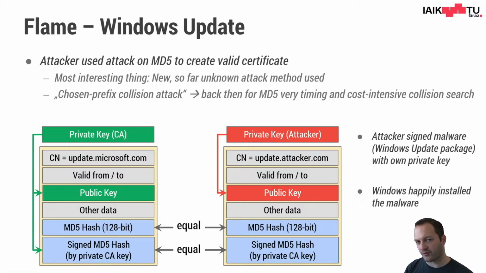So in other words, the attacker found a collision and tricked the host into accepting this. So not the key for signing was broken from Microsoft, but the attacker exploited a vulnerability in the signature algorithm.